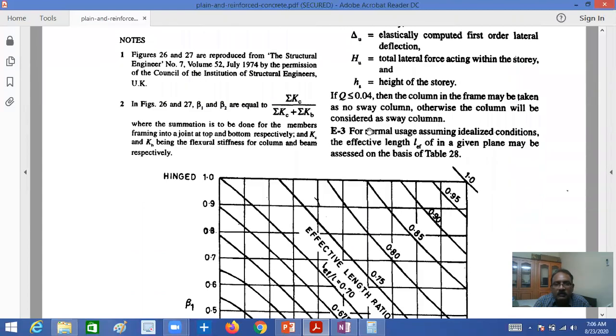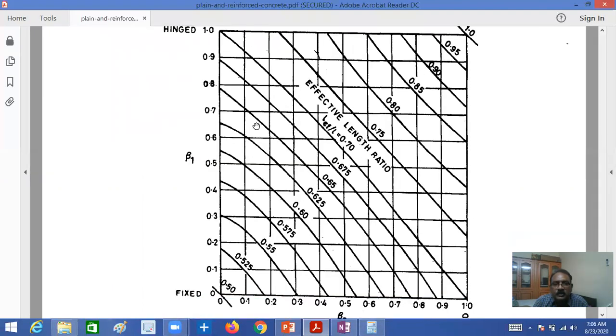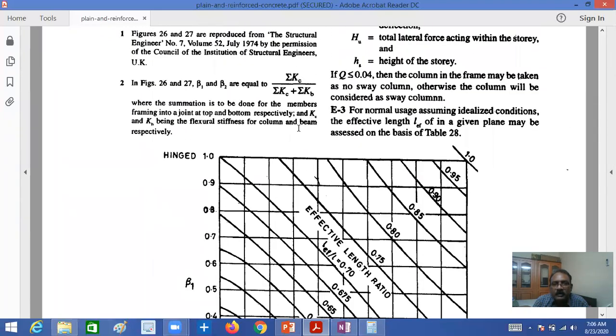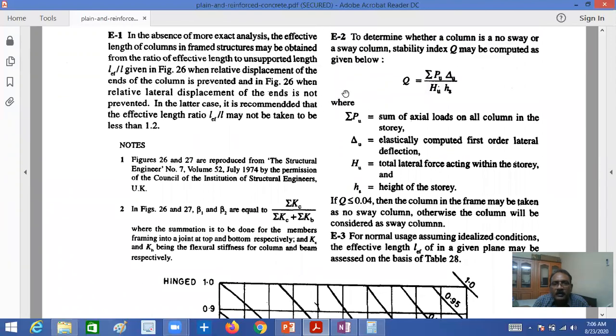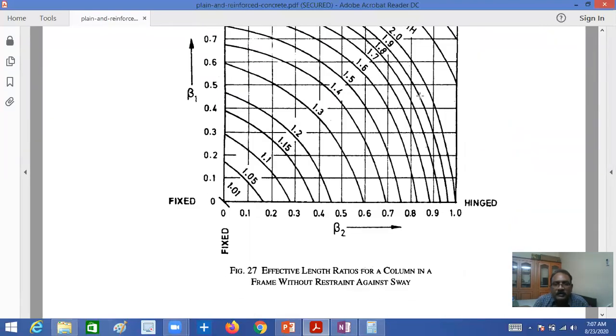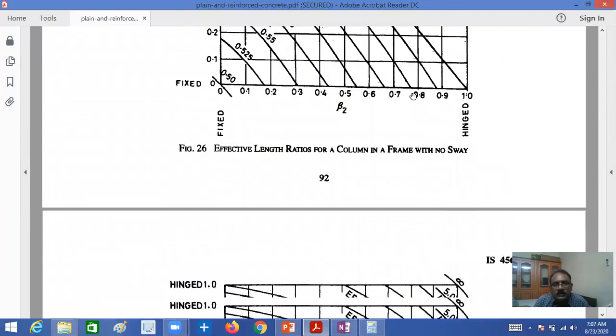Effective length is given by this graph: effective length ratios for a column in a framework with no sway, that is fixed, hinged and hinged. This is ratio beta 1, beta 2. This is given using different formulas, where you determine stability Q. From these formulas, again one chart is derived: effective length for a column without restraint against sway. These are two different graphs.